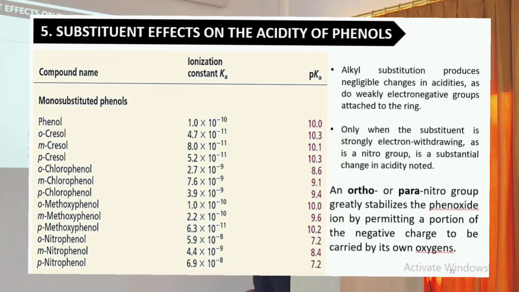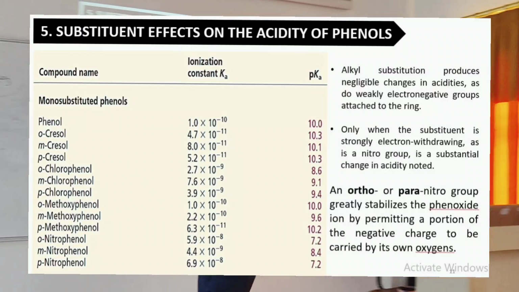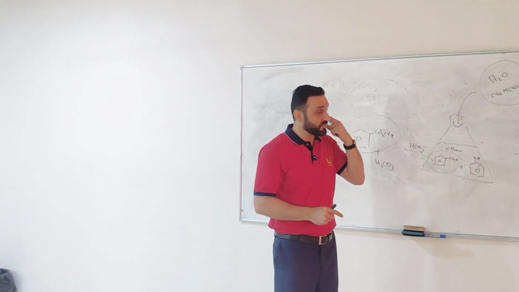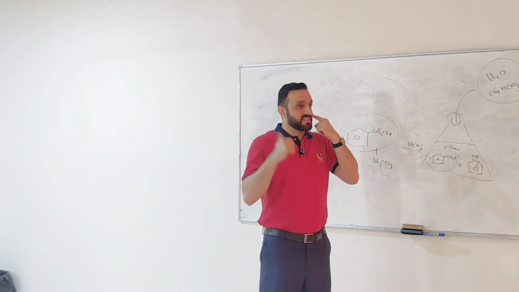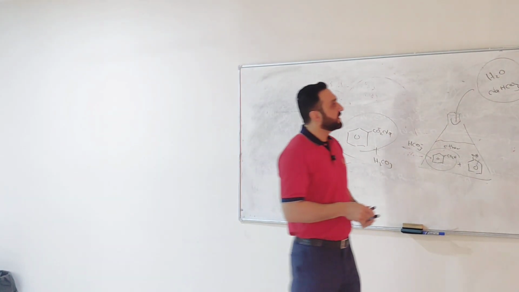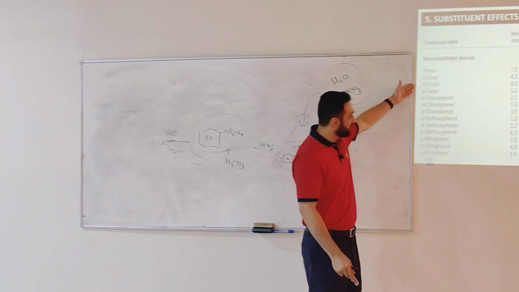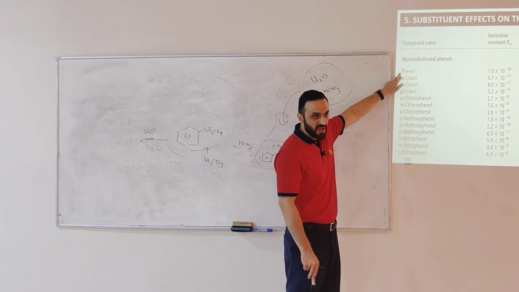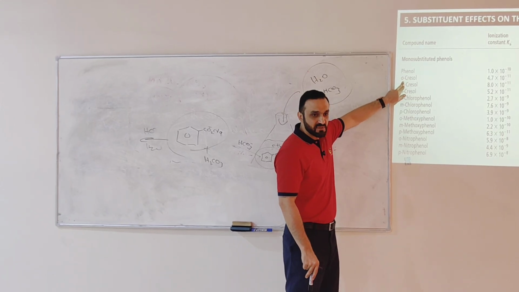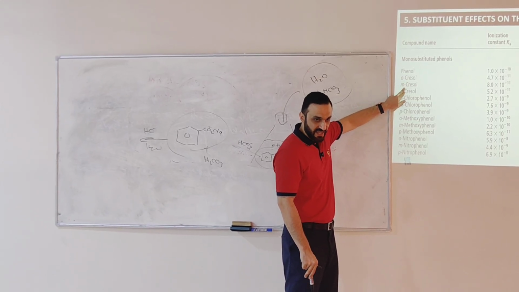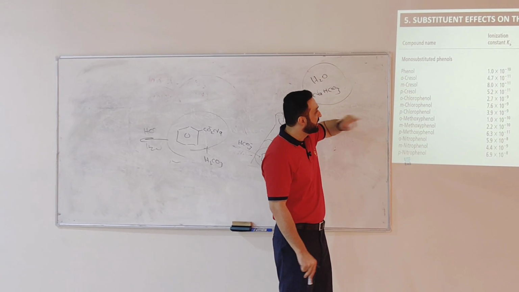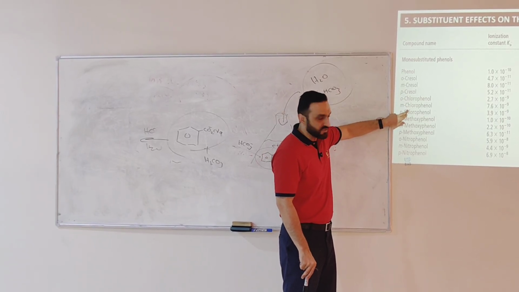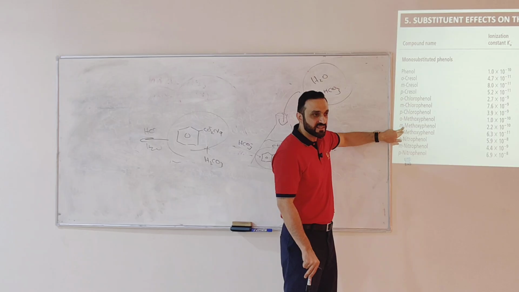Okay, substituent effect on the acidity of phenol. طبعا it is not a new subject for you, it is an old subject. You took it in organic chemistry, stage number 2. So the substituents here: phenol without substituent, cresol with CH3, chlorophenol with a halogen, and methoxy.